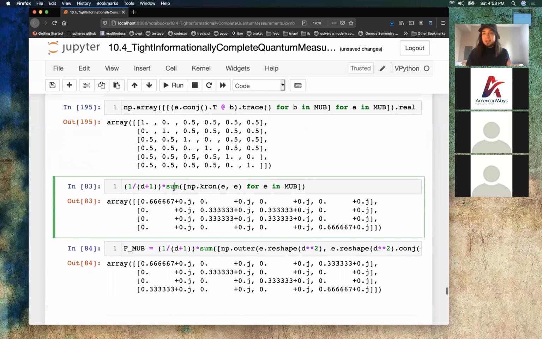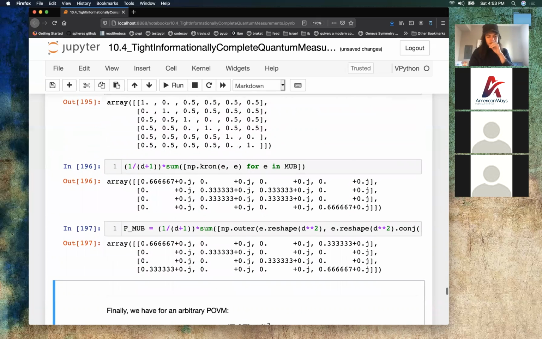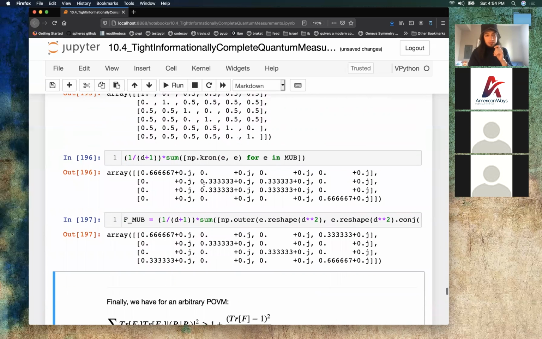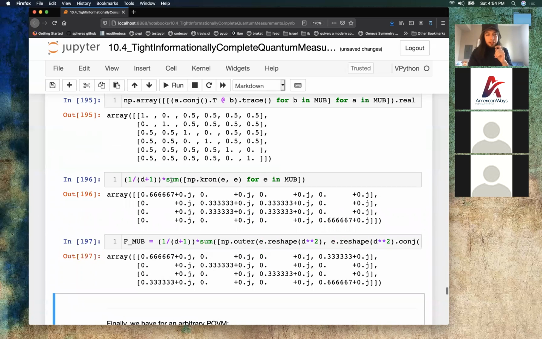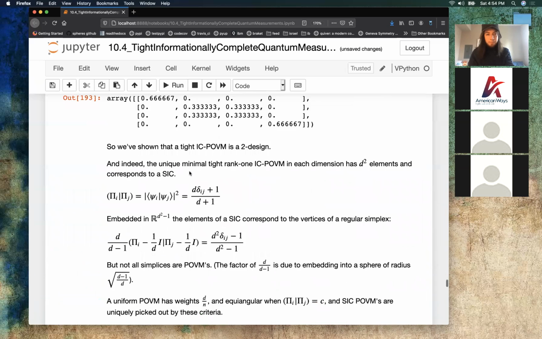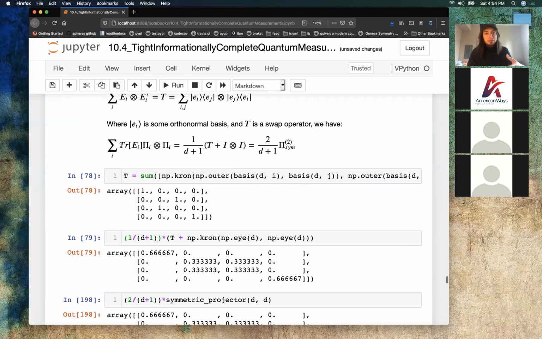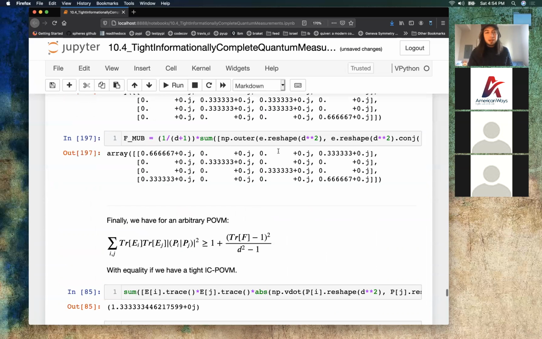And we can show, just like the SIC POVM that we were studying, in the case of a SIC, we're looking at this business being proportional to the projector onto the symmetric subspace.